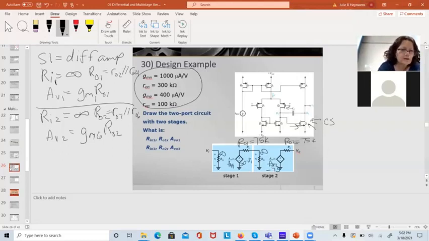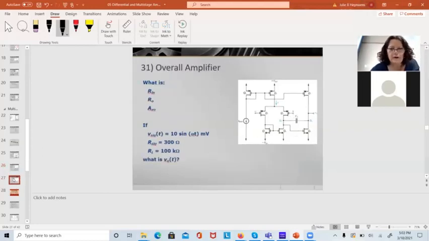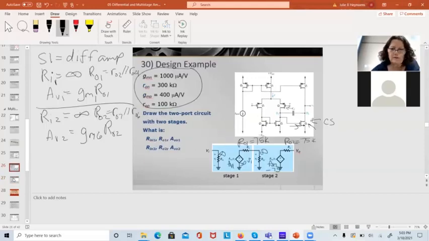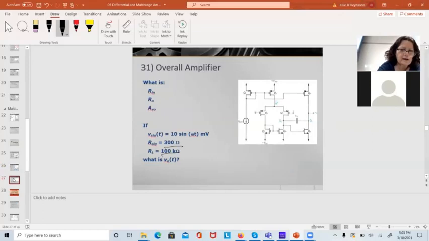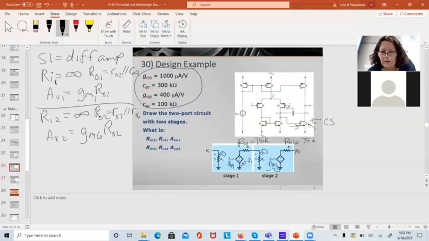Now I put a load resistor on here. This is the important part. My load resistor is 100K ohms, and my signal resistance is 300 ohms. So my load resistance would go right here.